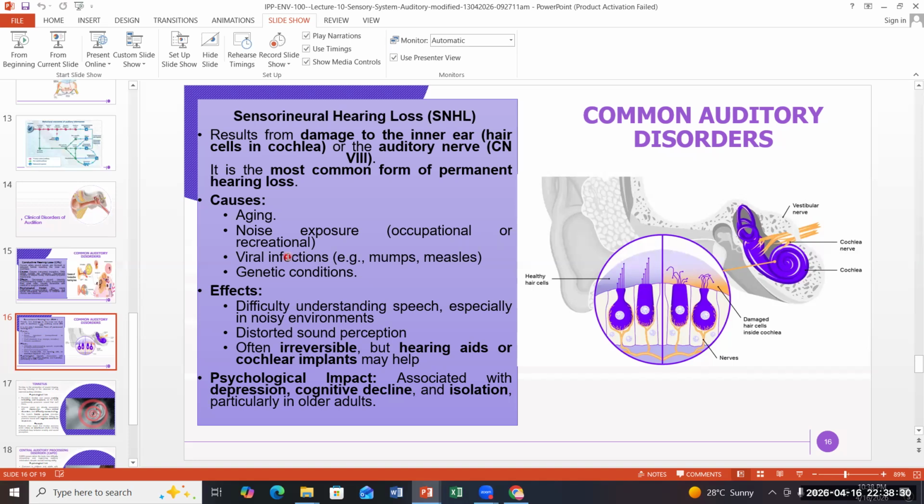In that case, the person may experience damage of inner ear cells, and sadly this appears to be almost irreversible hearing loss. There are certain viral infections, measles and mumps. It has been noticed that a person who suffers from measles and mumps, not always the case, may develop sensory neural hearing loss, or it may be a genetic condition.